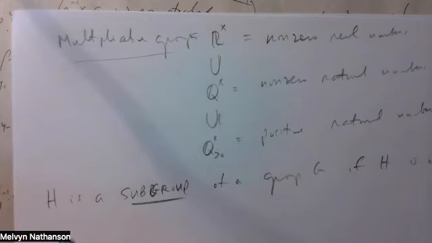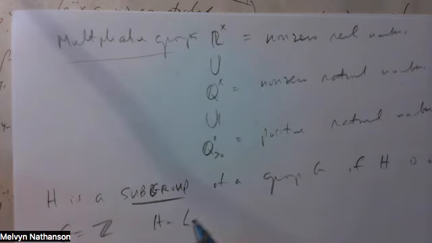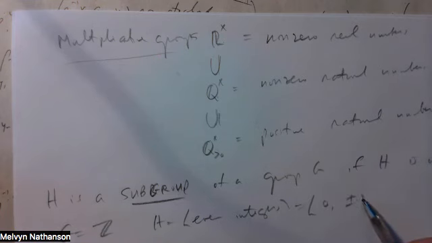Another example. Suppose I take G to be the integers under addition and H to be the even integers. That is 0, plus or minus 2, plus or minus 4, and so forth. I would write this often as 2Z, just all multiples of 2.